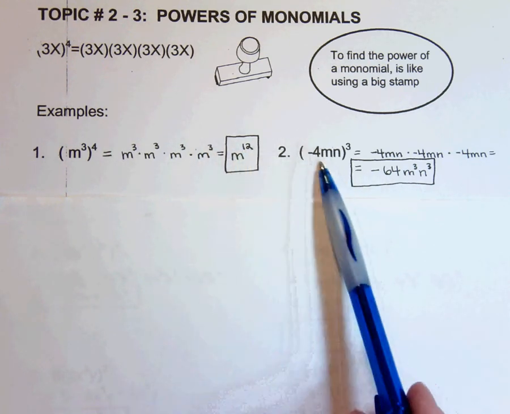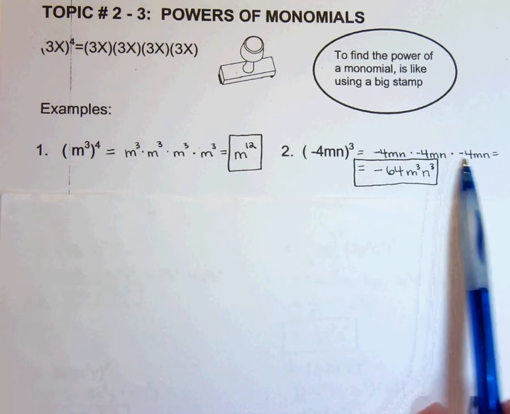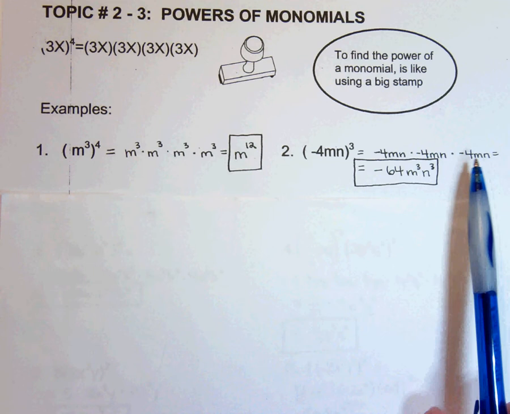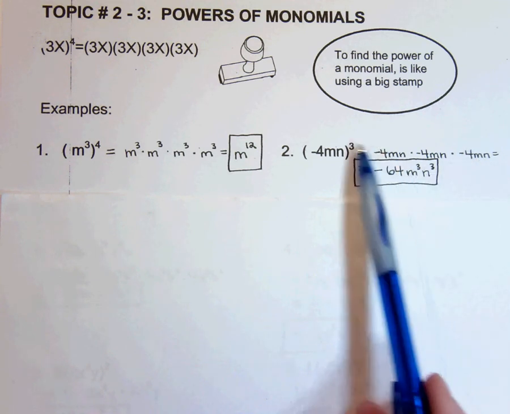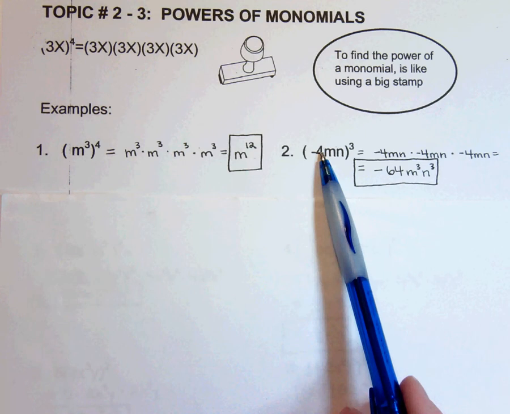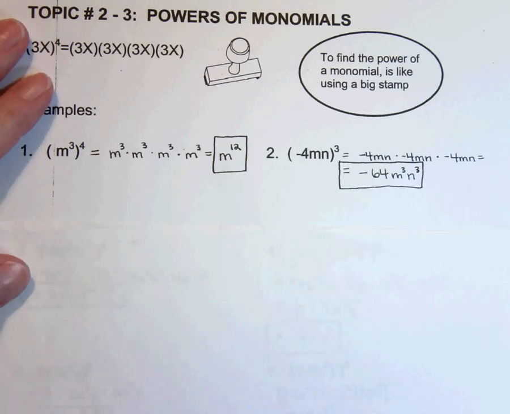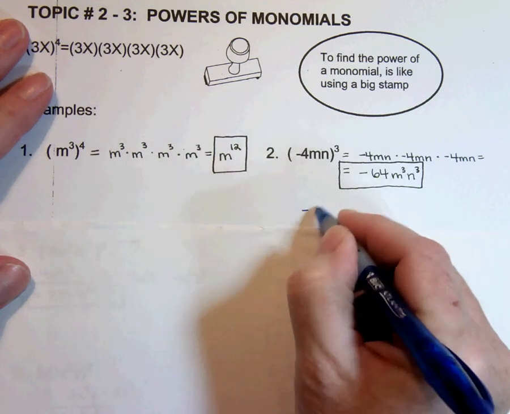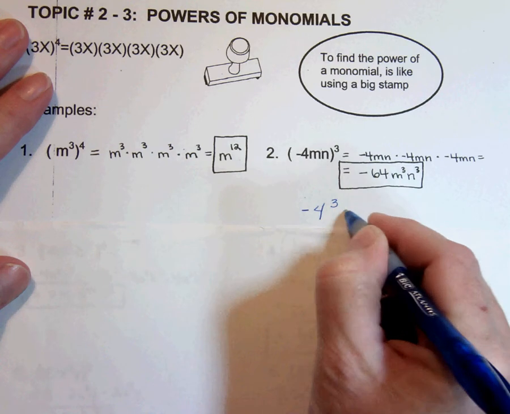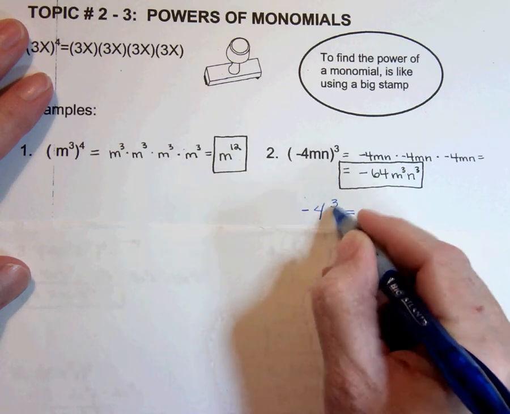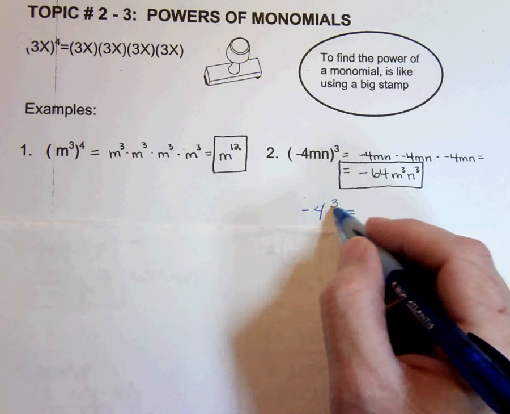So again, if it was a negative, you're stamping this term, this monomial, 3 times, and therefore you're taking negative 4 to the power of 3. So we should make note right here that if you put in a negative 4 to the power of 3 in your calculator, even powers are what makes it not work.